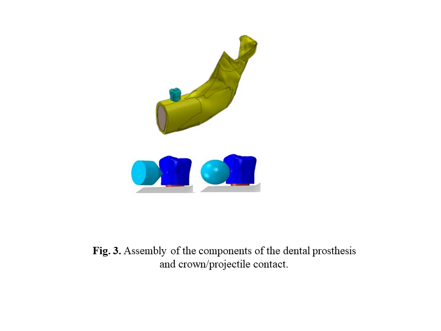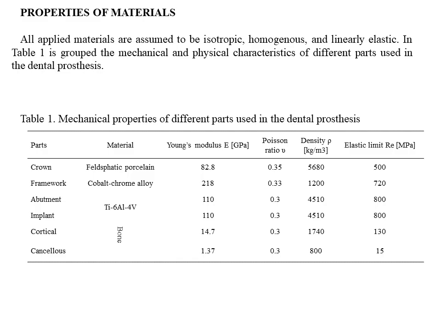This figure 3 represents the assembly of the components of the dental prosthesis and crown projectile contact. Properties of material. This table represents mechanical properties of different parts used in the dental prosthesis.